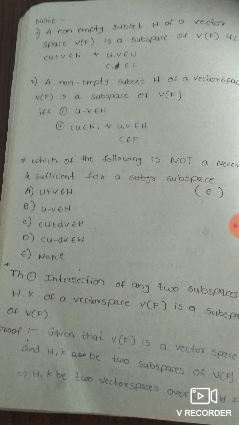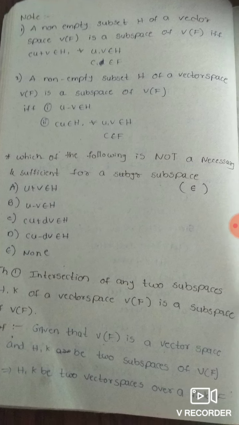Subspace means cu plus dv belongs to H, cu plus v belongs to H and cu belongs to H, and u minus v belongs to H and u plus v belongs to H and cu belongs to H. Both properties are subspace properties.